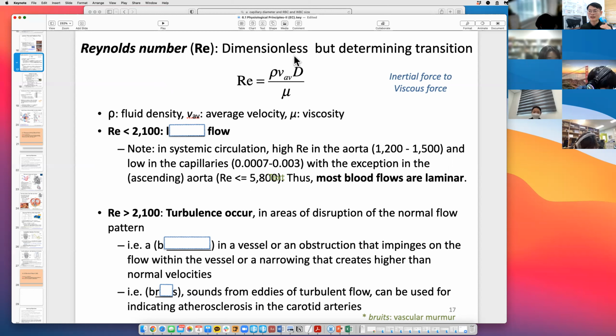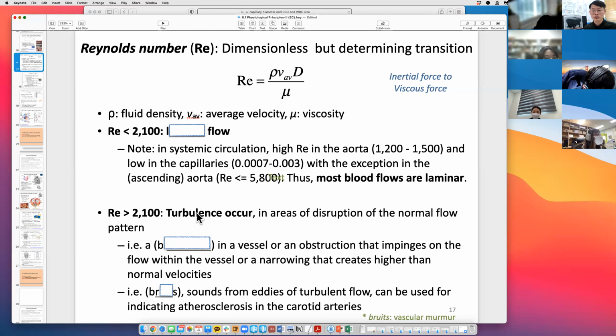But if more inertial forces are there, like velocity and density, then it's going to be much more turbulent. Doctors sometimes use this in the clinic. Turbulence occurs in a vessel when an obstruction is happening. That is a really interesting phenomenon.